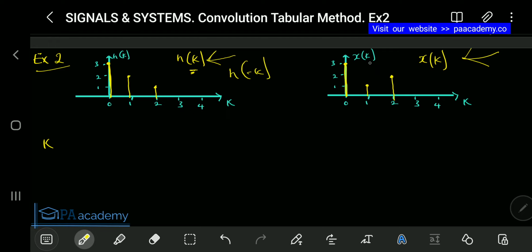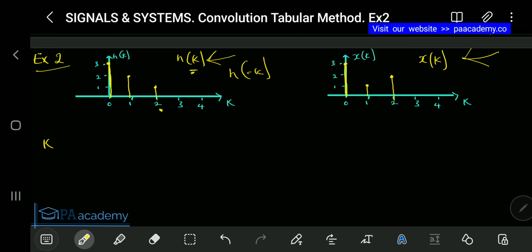We don't really need to touch x of k. Since the highest value of k here is 2, by the time we flip it, it becomes minus 2.